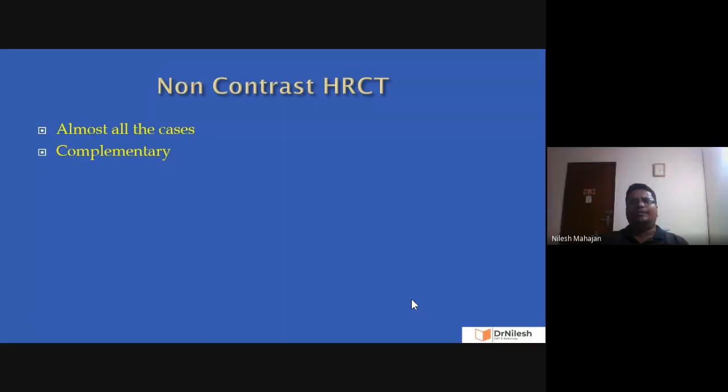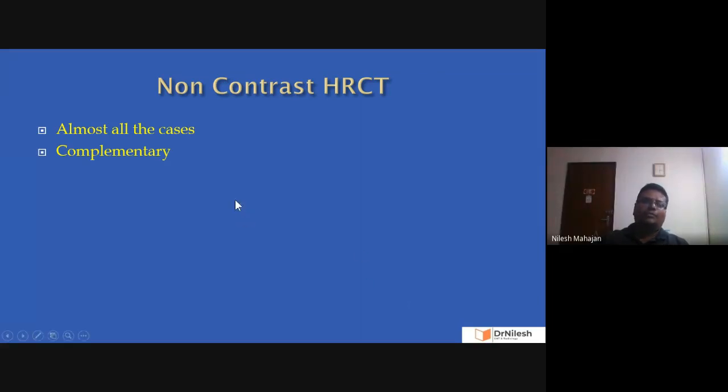In almost all the cases, you can ask for complementary HRCT cuts if you have good relations with the radiology center. When you are getting an MRI with contrast done for some things, you can ask them to give complementary CT films also to correlate the findings of MRI and CT scan.